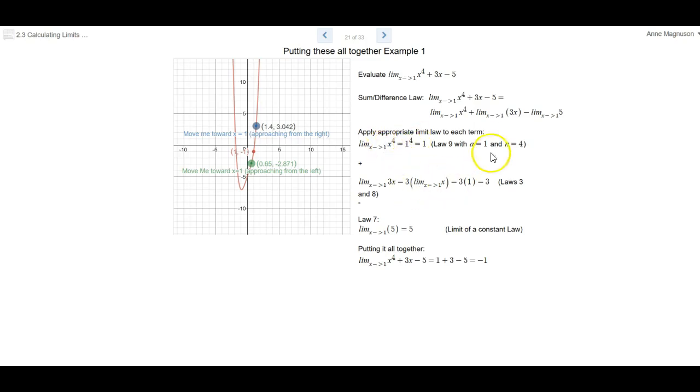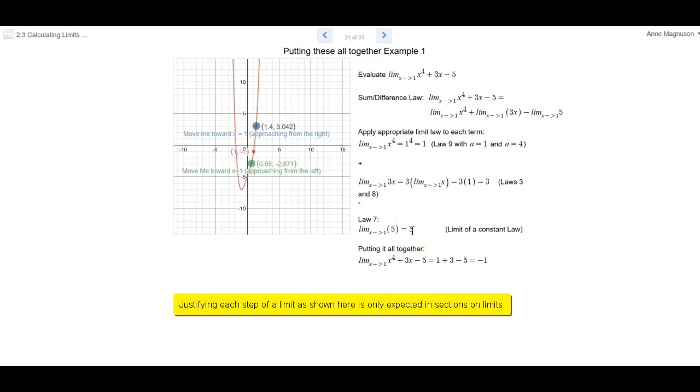Then I'm going to apply the constant multiple law, so I can pull out that 3. And then I'm going to apply the identity function law and say that this inside limit's just 1. And then for this last term, this is a constant function, and the limit is just that constant. So putting it all together, I'm going to add 1 plus 3 minus 5 to get minus 1. And we can verify that graphically.